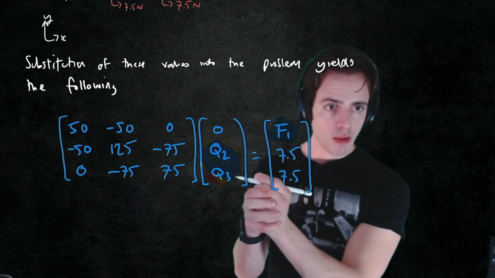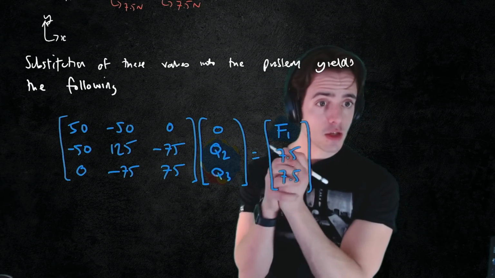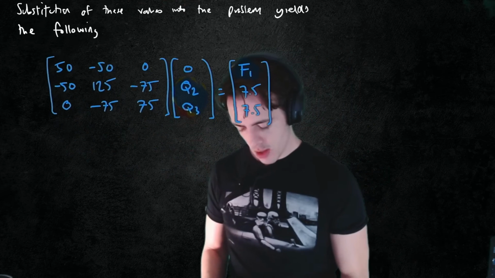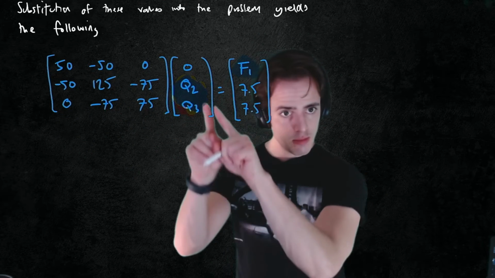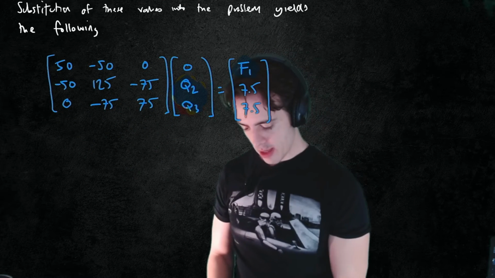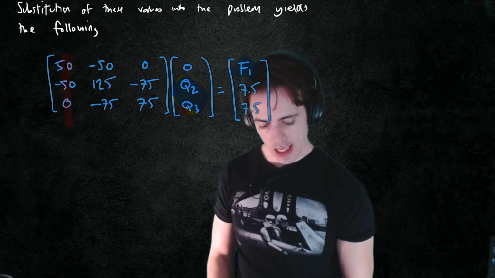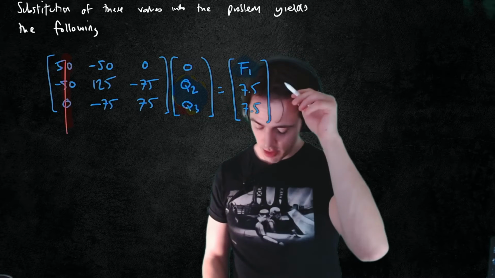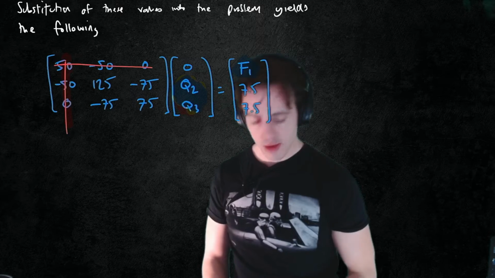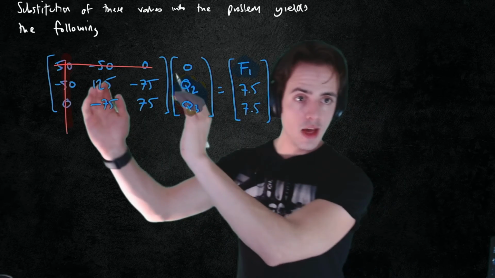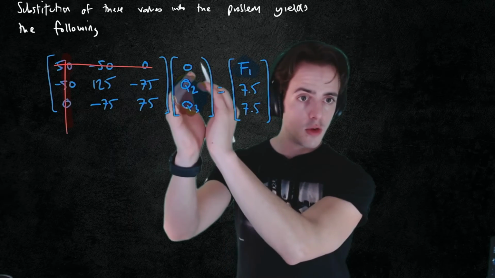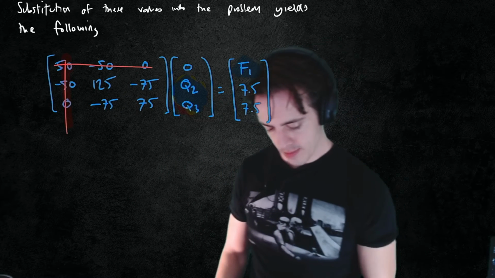So Q2 and Q3 are what we want to know. Those are going to be the displacements of nodes 2 and 3. So because we've got 0 here, we can disregard this first column completely. And we can disregard this first row as well, and we can just look at this 2 by 2, this 2 by 1, and this 2 by 1 together.